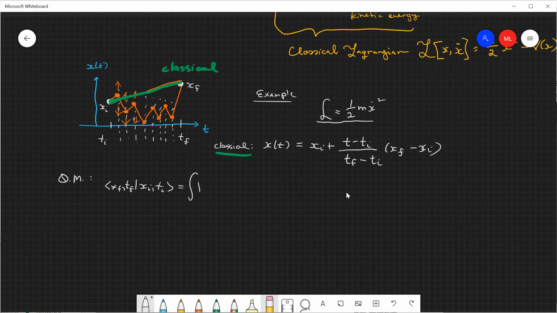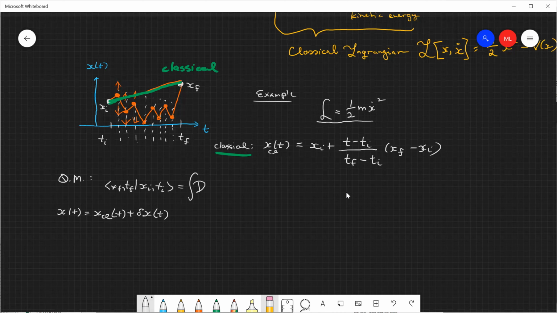And we're going to write this path integral in a particular way. Since we have these final and initial points fixed, it's convenient to write this trajectory as the classical trajectory plus a little bit, or maybe we'll call it delta x. Now, from the point of view of the path integral, this doesn't change anything.